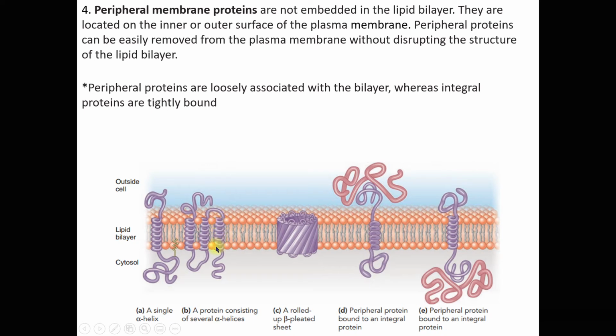This is the alpha helix type of integral protein. This one is globular and alpha helix. The alpha helix looks like it twists inside, because this one is globular. It's a hole. Okay, this is the alpha helix.